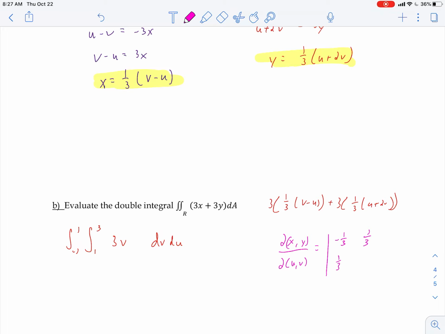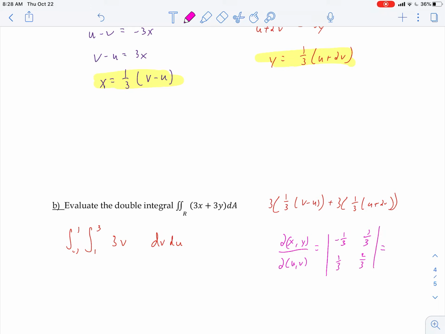And the partial of y with respect to v is going to be, I'm sorry, for some reason I just forgot, it's going to be 2/3. All right, partial of y with respect to v is 2/3.